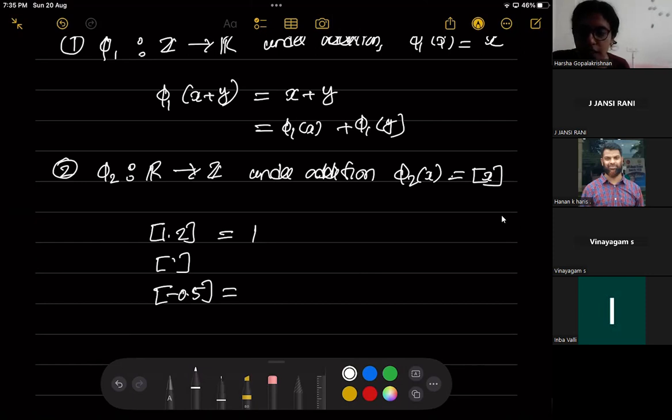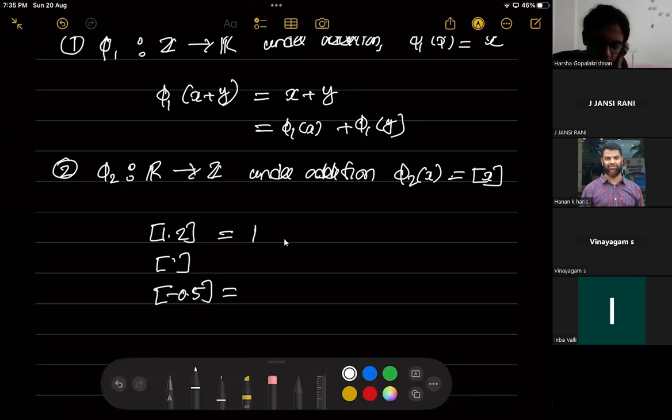No, ma'am. Okay. So greatest integer function means it is a function on the real line. I'm taking any real number, then I will collect all the integers less than or equal to that real number, and among those, what is the greatest one? That will be the greatest integer function.